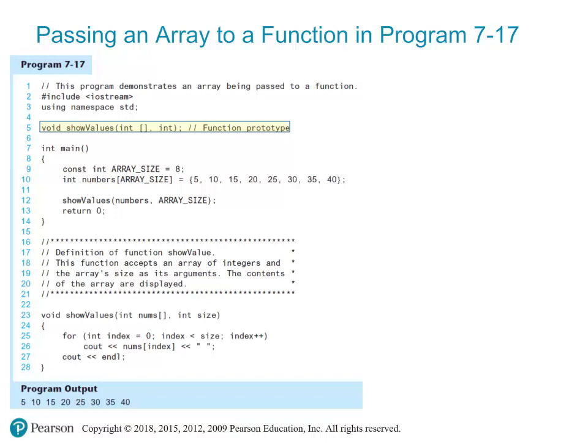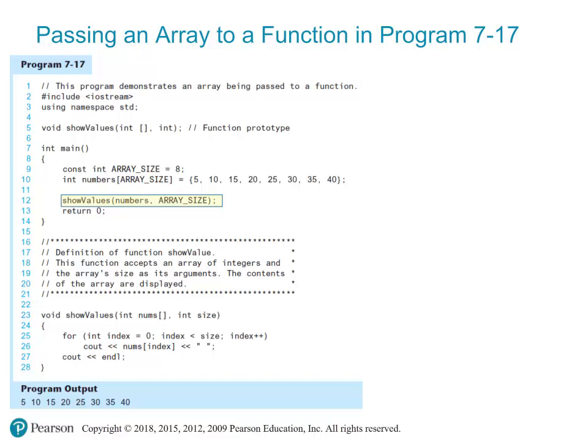The first one is the integer array, and the second argument is the size of the array. The main function initializes an integer array called numbers and a constant ARRAY_SIZE that holds the size of the array. It then calls showValues by passing numbers and ARRAY_SIZE as arguments.